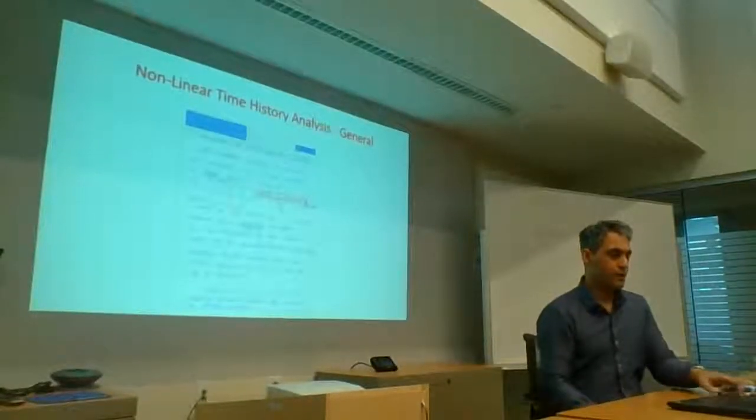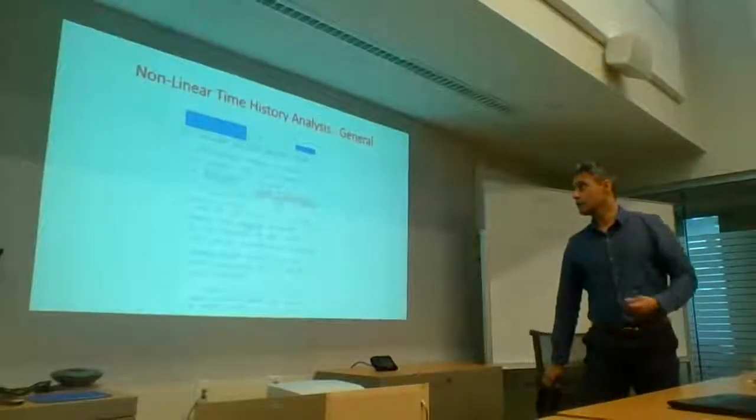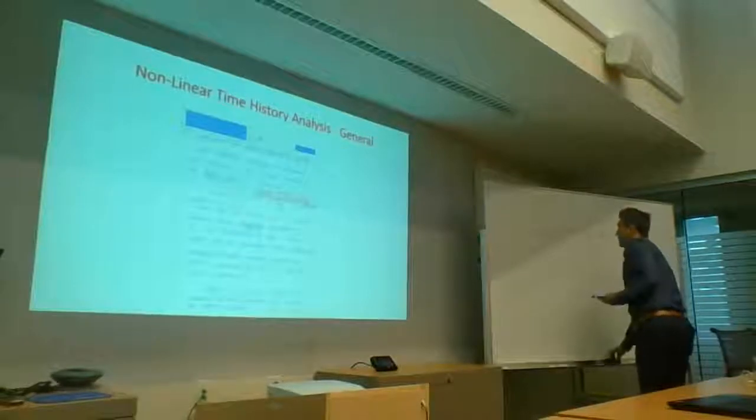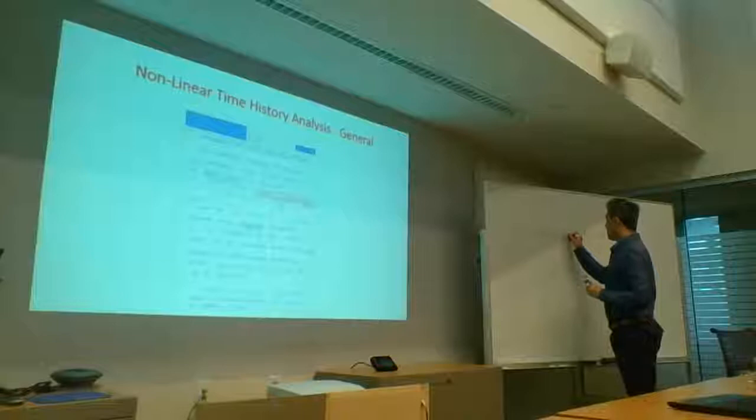Okay, so let's launch into the next topic, which is nonlinear time history analysis. I'm going to keep it at a fairly high level, but just talk about some of the important things that you need to be mindful of.